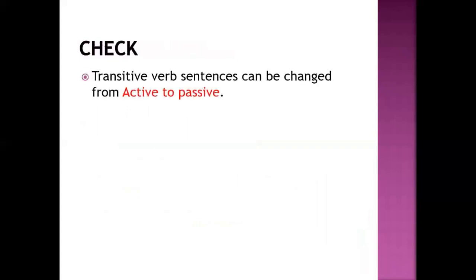Check: transitive verb sentences can be changed from active to passive. This is the easiest way if you are unable to find whether a verb is transitive or intransitive. Keep one thing in your mind, that sentences which contain a transitive verb can easily be converted from active to passive voice.